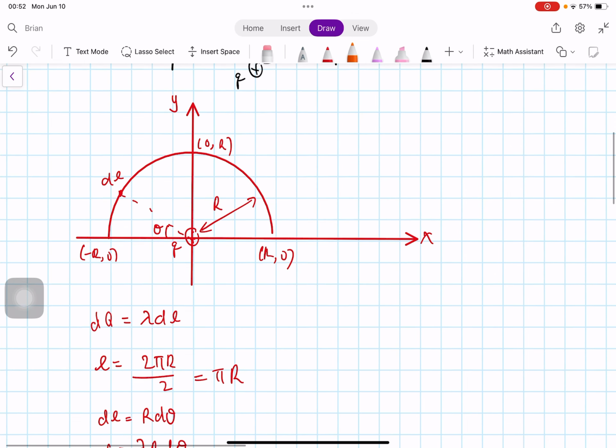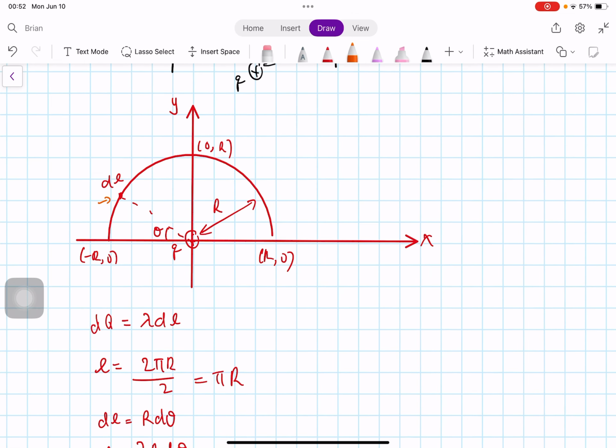At this point dl, there's a little charge dq, and dq is given by taking lambda, the charge per unit length, times dl. If I'm trying to find the little charge on that little distance of the wire, I have to use lambda dl.